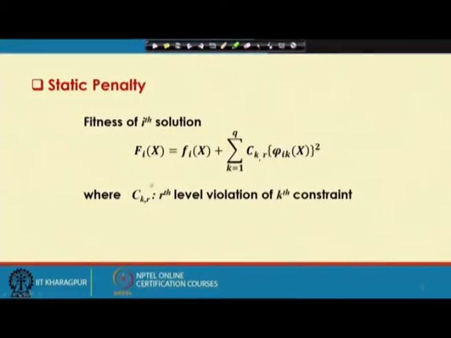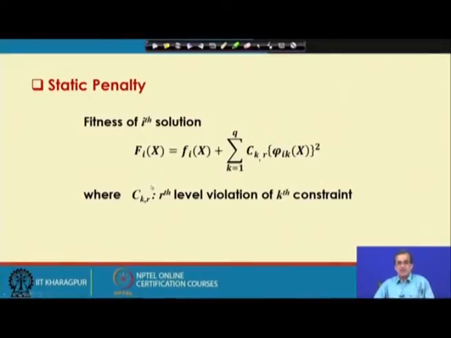Now, if I want to design these two shafts for two different fans, I will have to consider two different values for this C_kr. Depending on the practical situation or the requirement, the user will have to select a suitable value for this C_kr. That means, supposing I have two functional constraints, we will have to find out which one is more important, whose violation cannot be tolerated so easily.